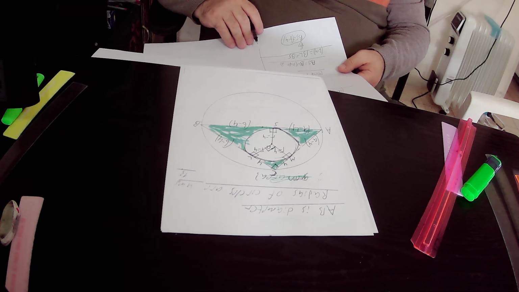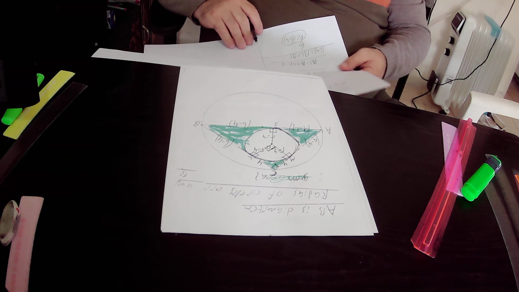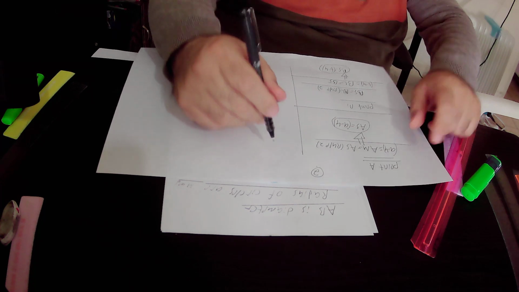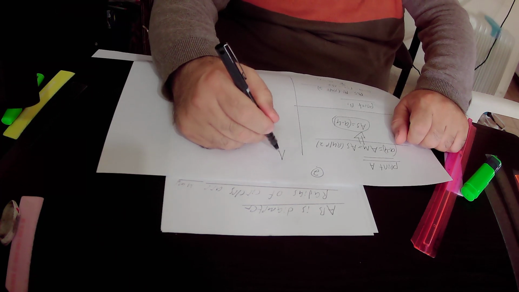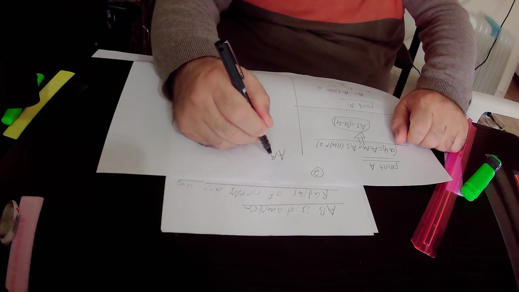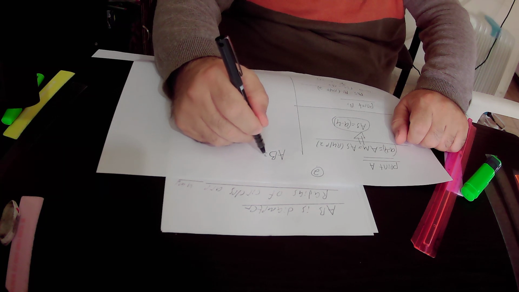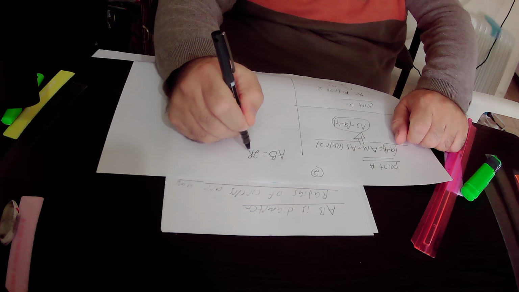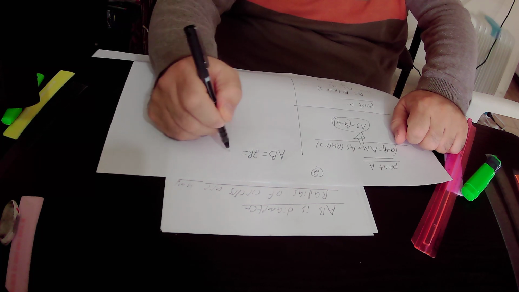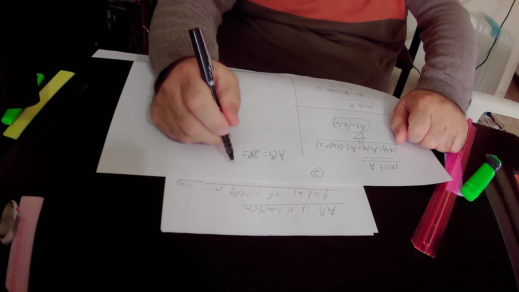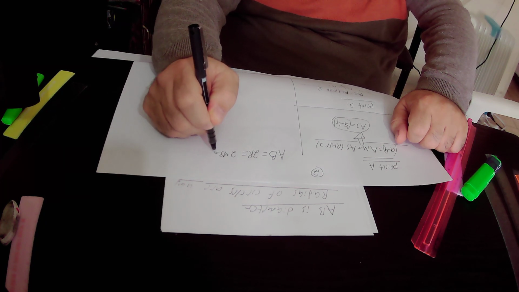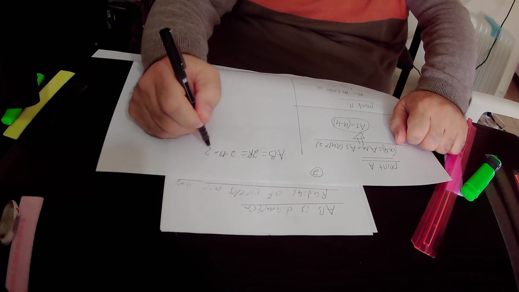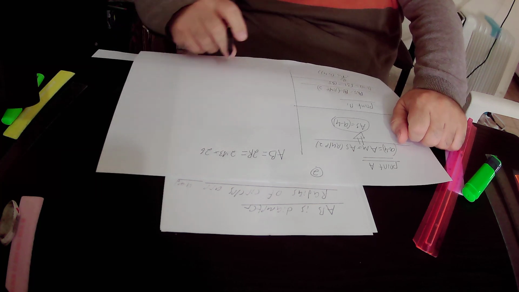So we define the radius of the big circle as capital R. We know that the diameter is twice as long as the radius, so AB equals 2 times capital R, which equals 2 times 13 units according to what is given in the question. So in conclusion, we found out that AB equals 26 units.